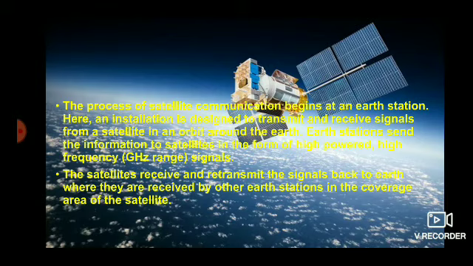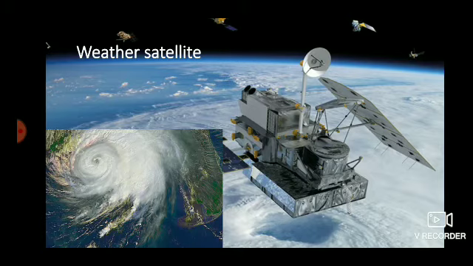Now, you know that communication satellites have many purposes. Some are for weather forecast, for global positioning system, for military purpose. So let's see the weather satellite first. These satellites are used for weather forecasting so that we can alert people about natural catastrophes beforehand.